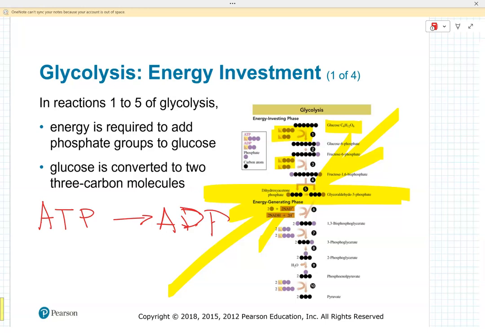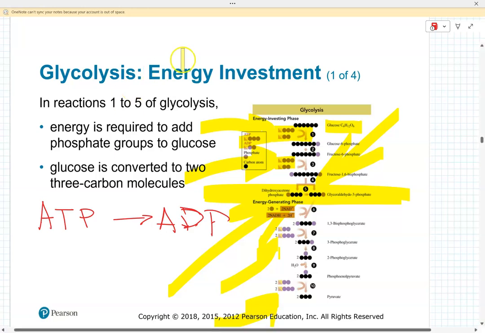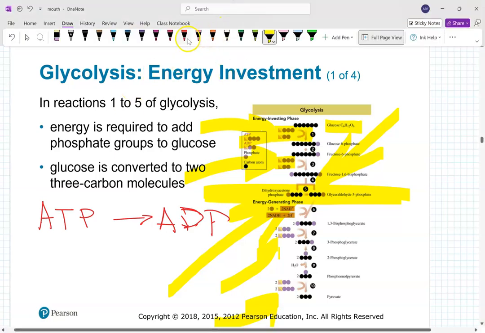Everybody sees them? 1, 2. How many ATPs do we get back during the energy generating phase? 2 and another 2, right? 4 total ATPs are produced during the energy generating phase. Do you see that? If not, let me know. I'm going to circle them.